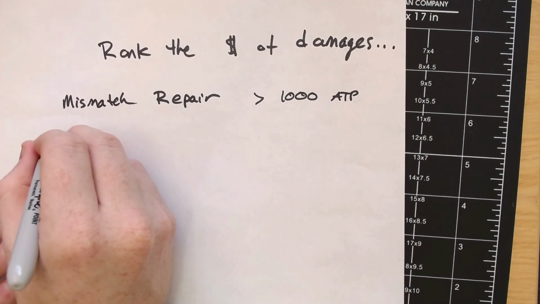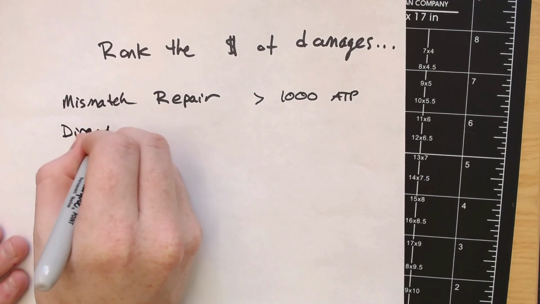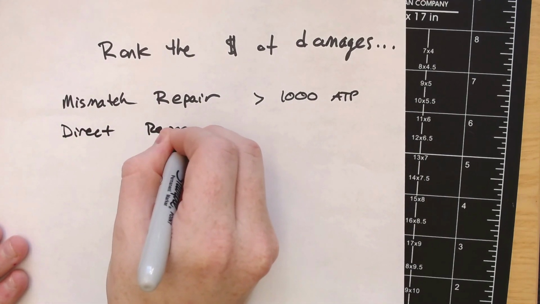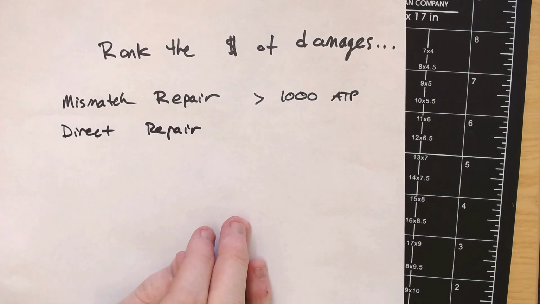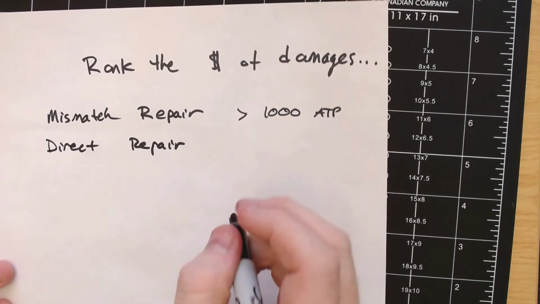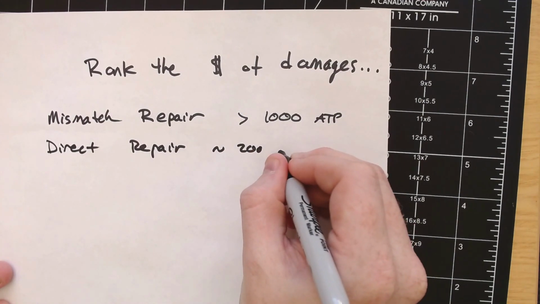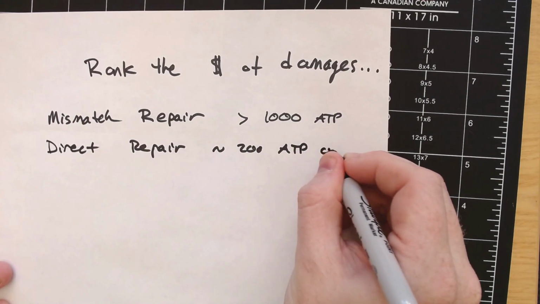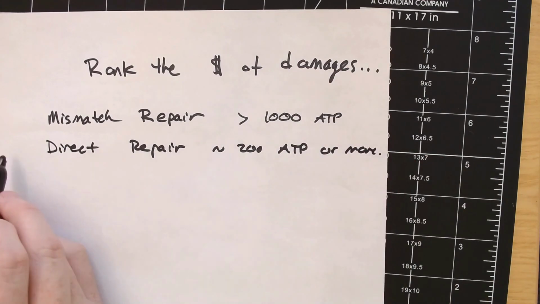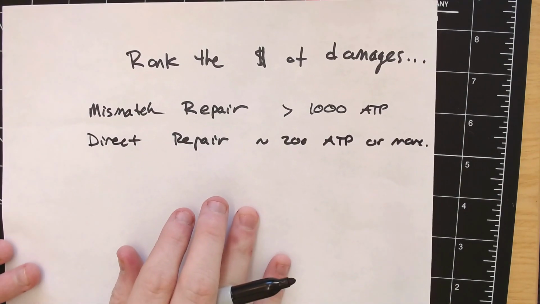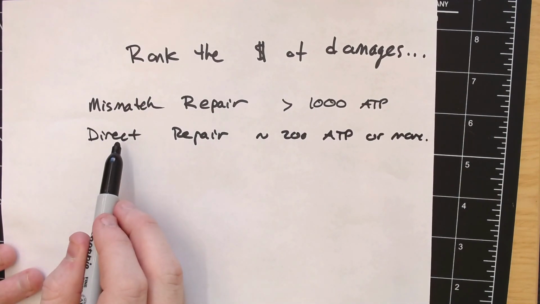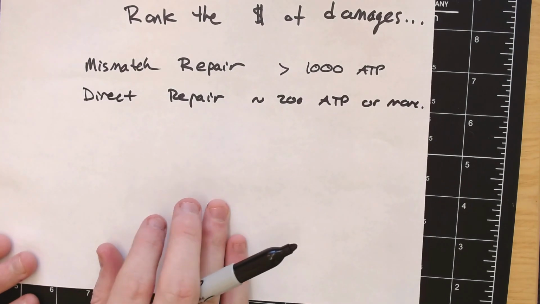We found that direct repair, because an entire protein is consumed in the process, could be on the order of 200 ATP or more to fix these very simple alkylation problems.